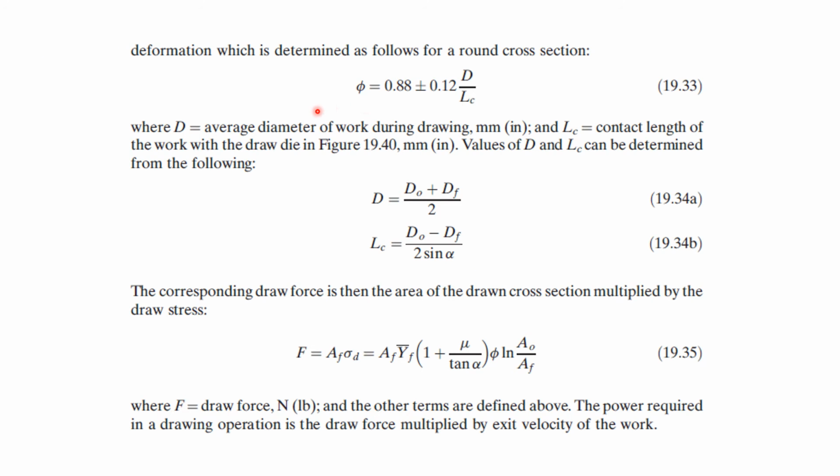The equation for each part is given like this: D equal to D naught plus D final over 2, Lc equal to D naught minus D final over 2 sine alpha, and the force is calculated using the final area times the draw stress. When we put it together, substituting the draw stress, you get this full equation.